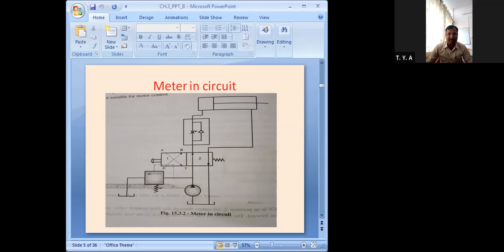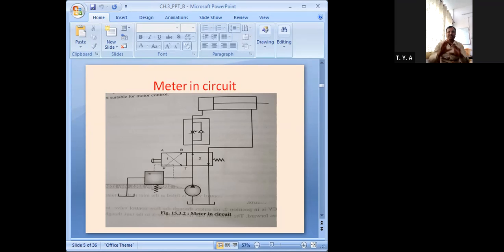This is the inlet port of the cylinder, we know this is a cylinder, and this is our flow controller. It is called the meter in circuit because we have located this flow control valve in the line leading to the inlet port of the cylinder.